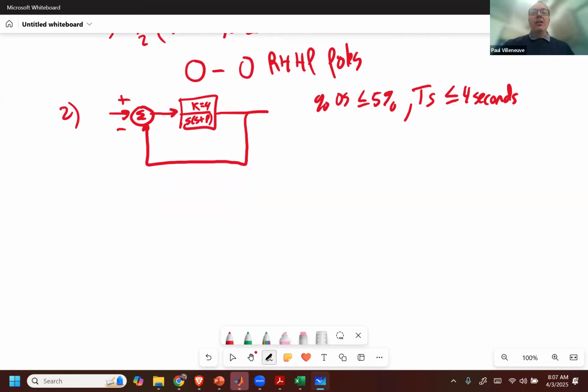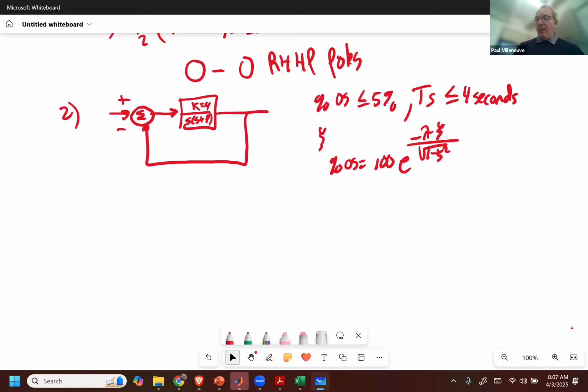So we have to solve for our zeta term. Our percent overshoot equation, if you remember, is equal to 100 e to the minus pi zeta over the square root of 1 minus zeta squared. So I need to solve for zeta to figure out what that value is.